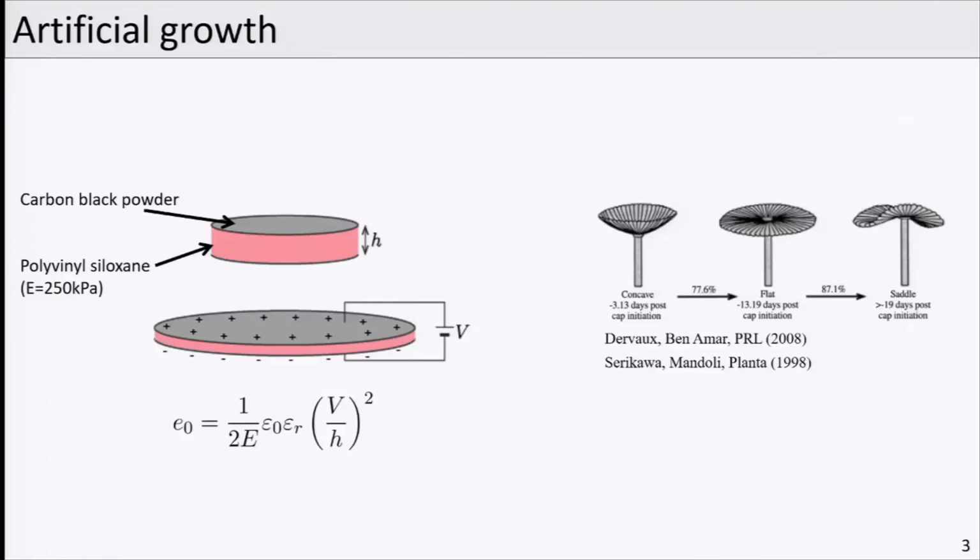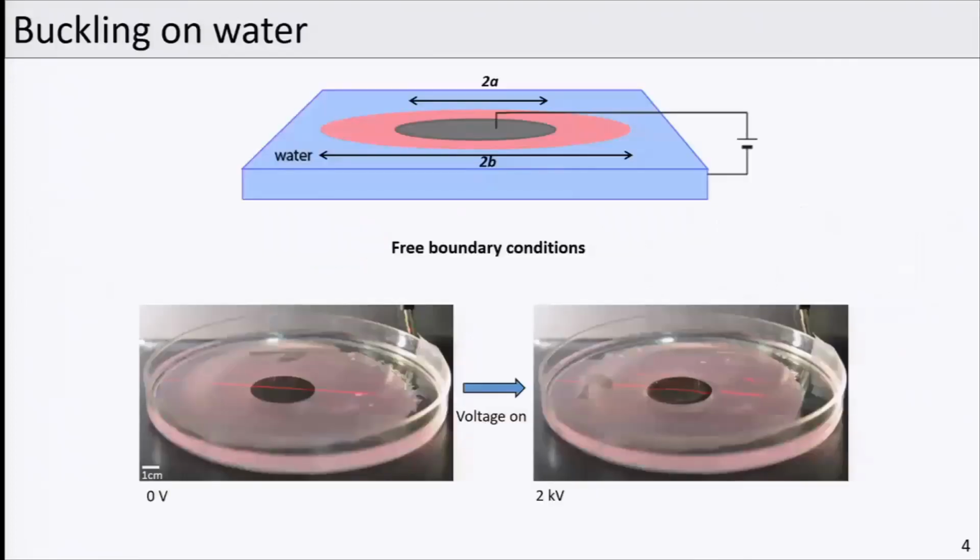So we wondered if we could use these dielectric polymers to generate these 3D shapes, and even simpler to start with, if we could generate mechanical instabilities via inhomogeneous growth. So we did something as simple as we could. We have a circular membrane, that's the pink stuff, with a circular electrode, that's the black stuff here.